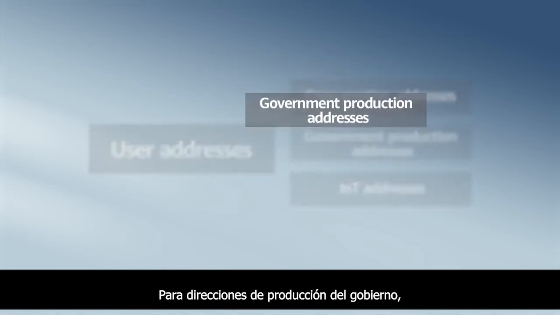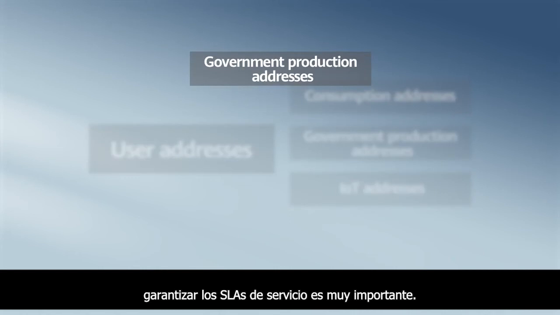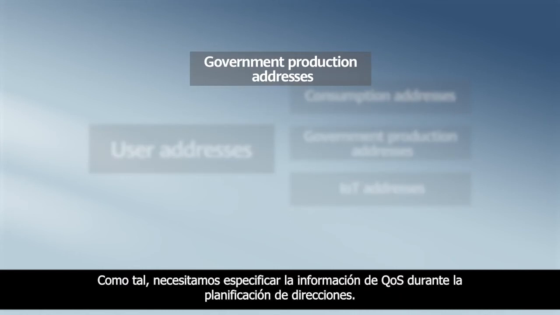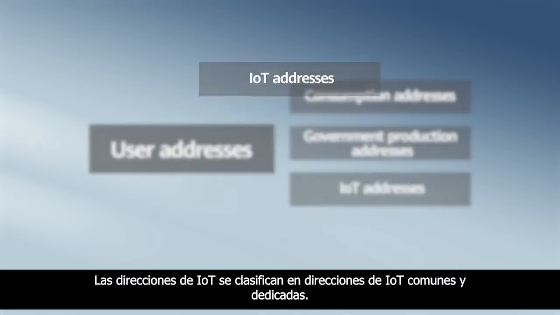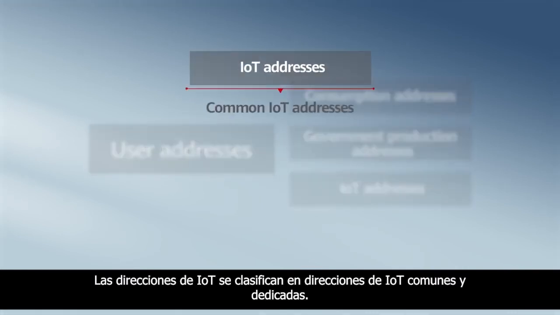For government production addresses, ensuring service SLAs is very important. As such, we need to specify the queue information during address planning. This classifies addresses into high, medium, and low priorities. IoT addresses are classified into common and dedicated IoT addresses.